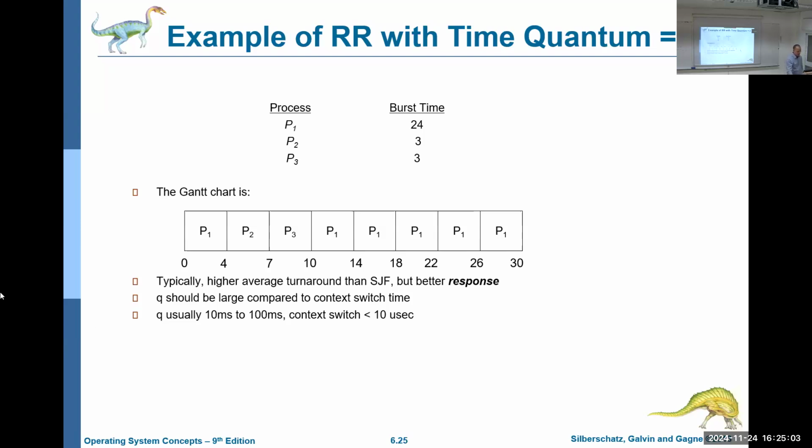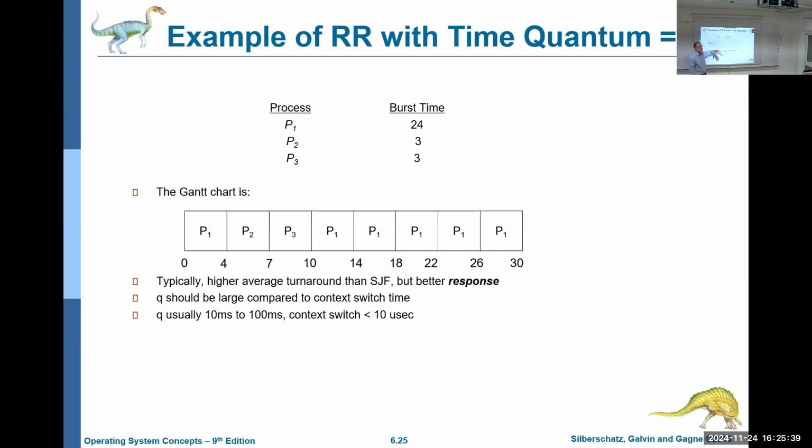Example with a quantum of 4. So here P1 comes in. They're all coming at the same time, but P1 will get service first. We're not shortest job first, we're not even first come, first serve, but we kind of are. They all come at the same time, so we could say P1 came first, or that the order is by the number.